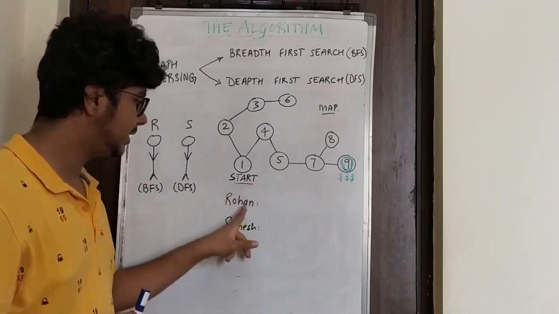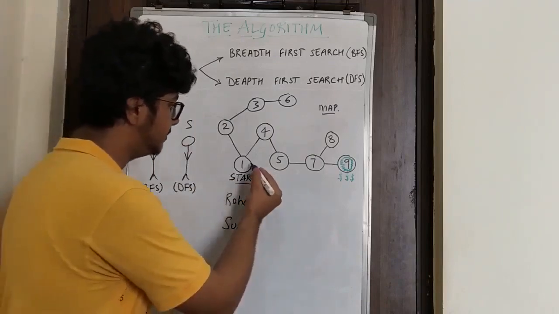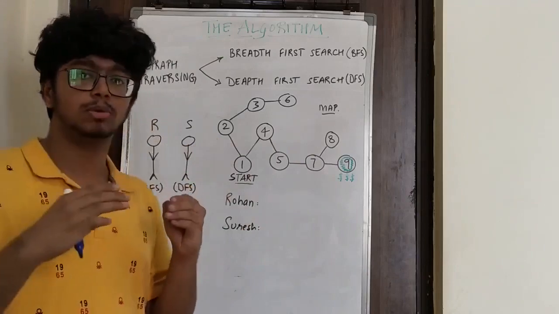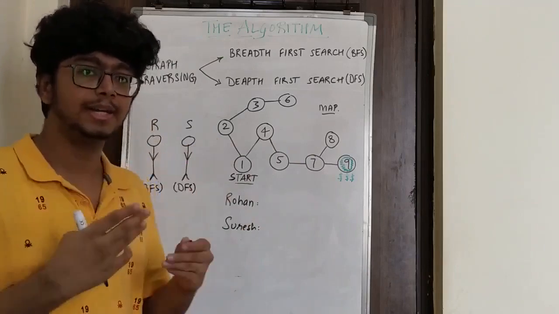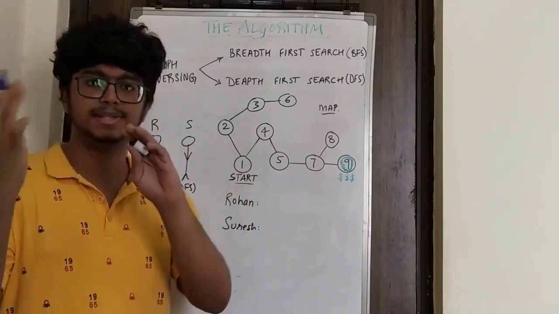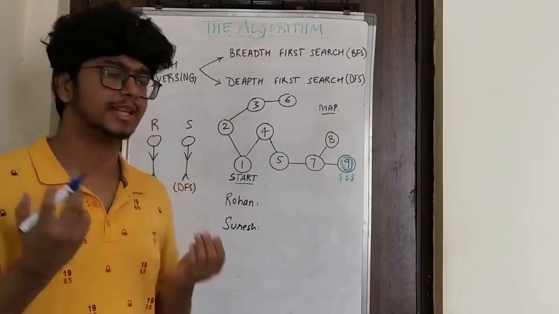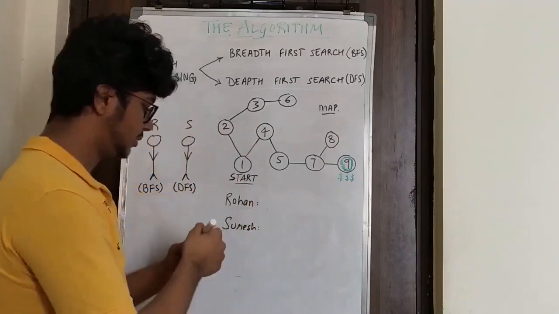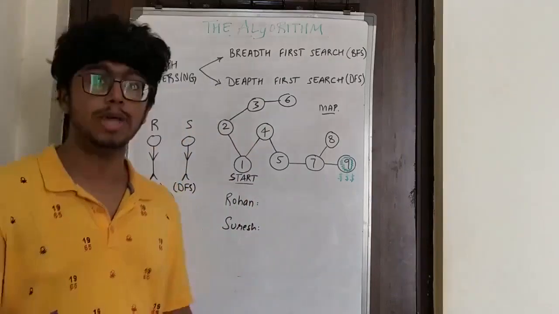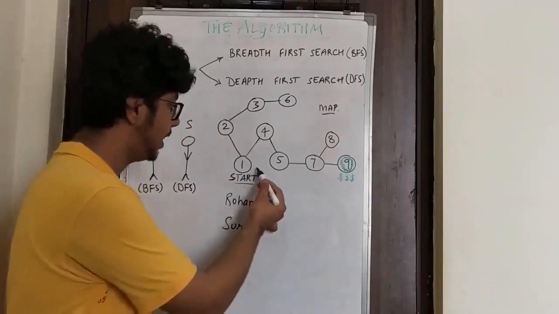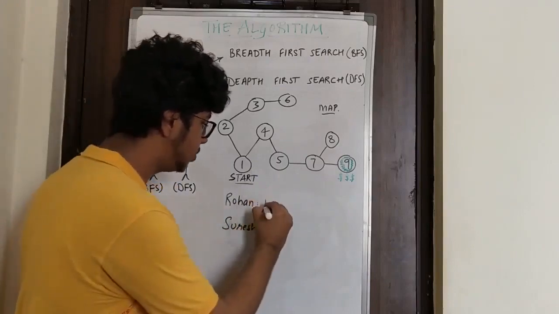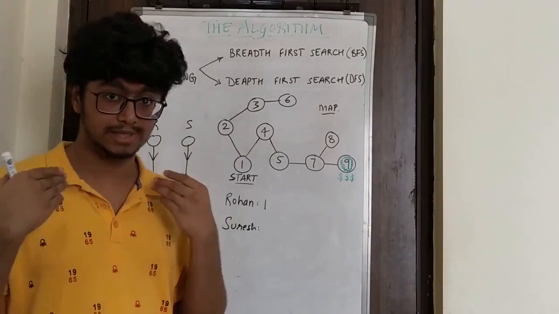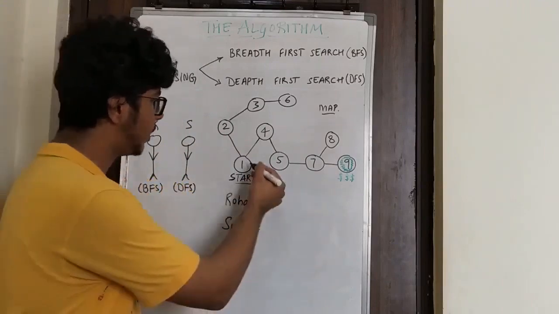What Rohan did is, he started from 1 as usual and explored all the nodes which 1 is connected to. In our case, the adjacent nodes are the ones we can explore. This is a tree. So Rohan visited 1 and explored it completely.